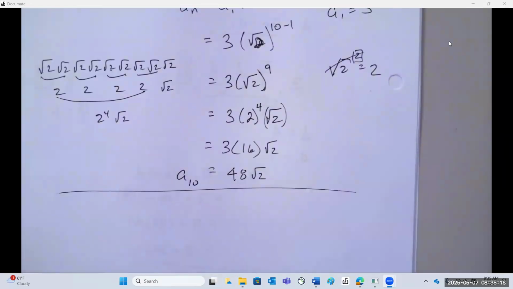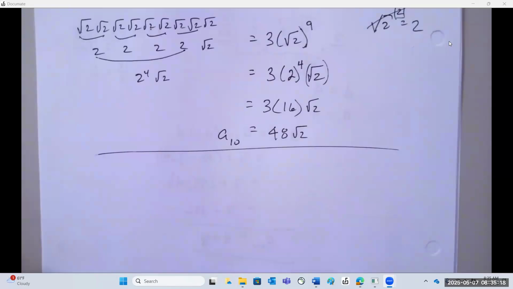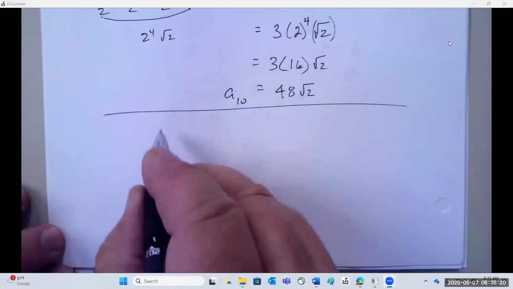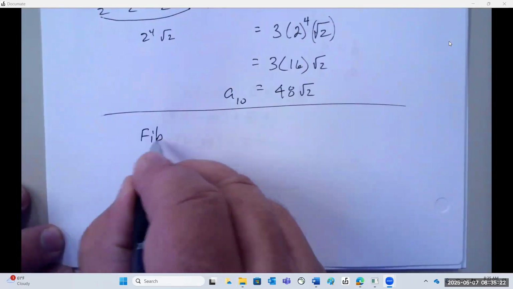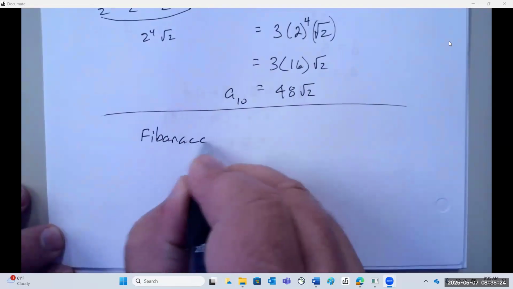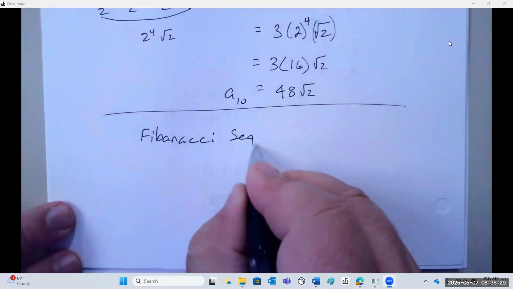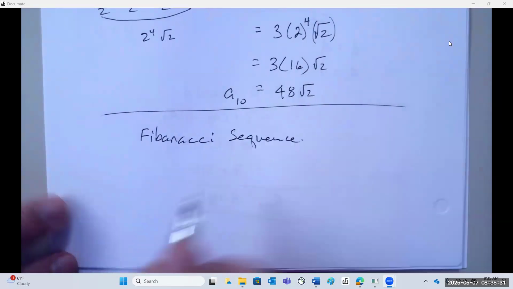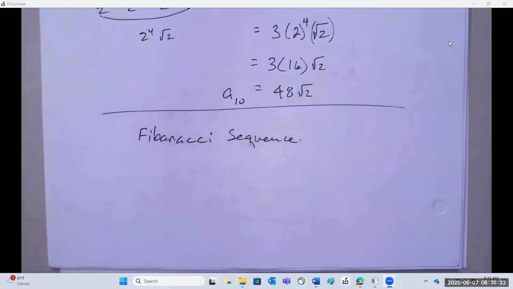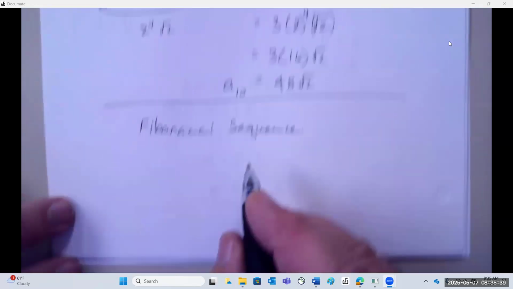And there's one more sequence that you'll all have probably heard, if not seen in a movie. The Fibonacci sequence. This one's tough because it's neither arithmetic nor geometric.